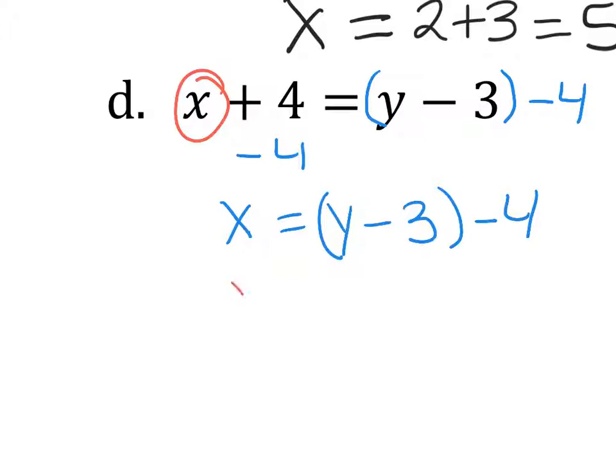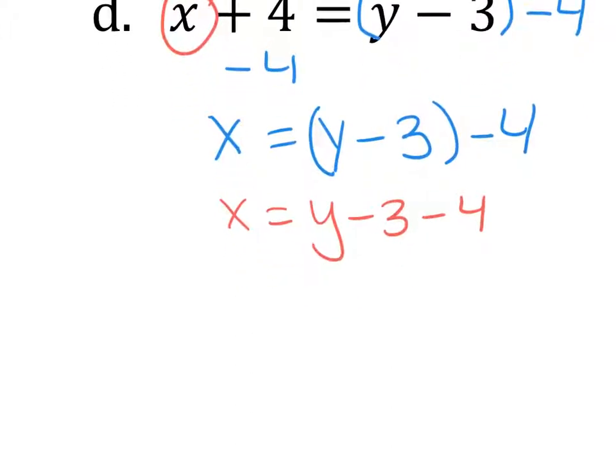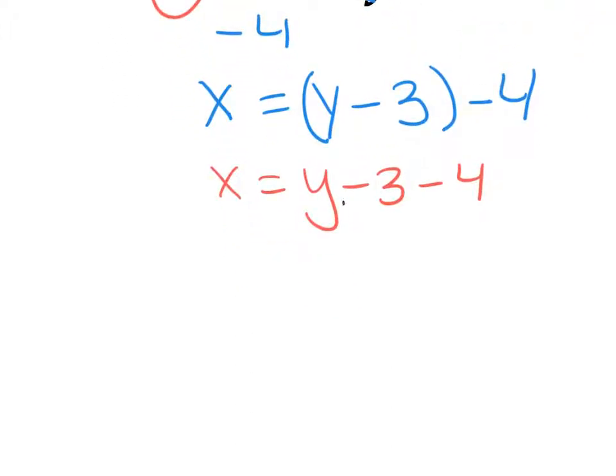So that means the parentheses are not important anymore since there's nothing else to be done inside of them. So we can just write y minus 3 minus 4. And then we can combine those two numbers there. So minus 3 minus 4 would give us y minus 7.